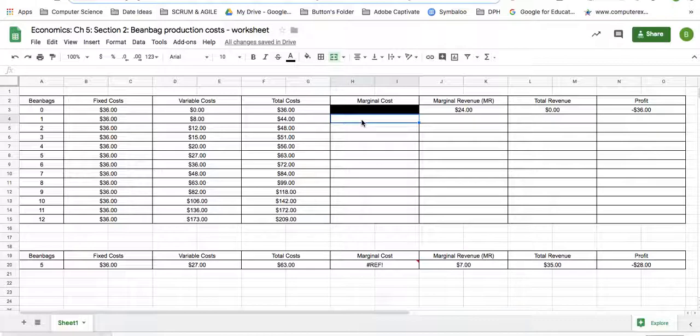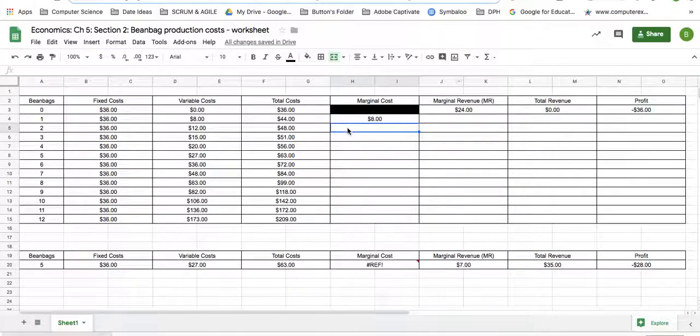So what we're doing is we're going to go equals, and we're going to take the total cost from 1 minus the total cost from 0, and we would get 8. So it's going to cost $8 in order to create this marginal cost for 1 unit of good.